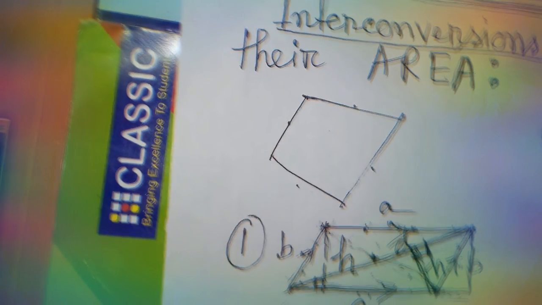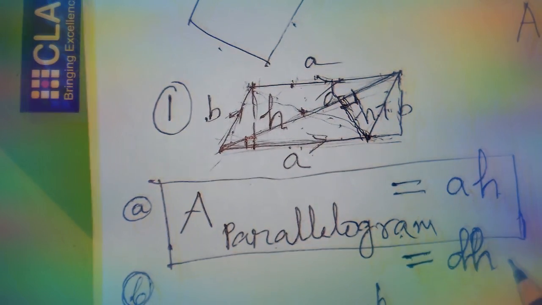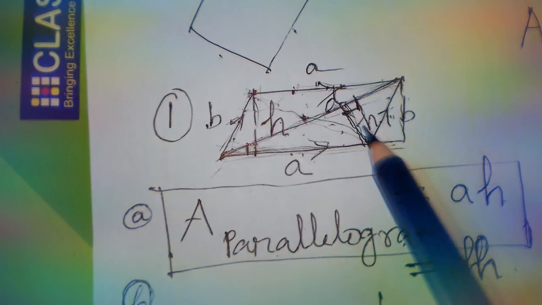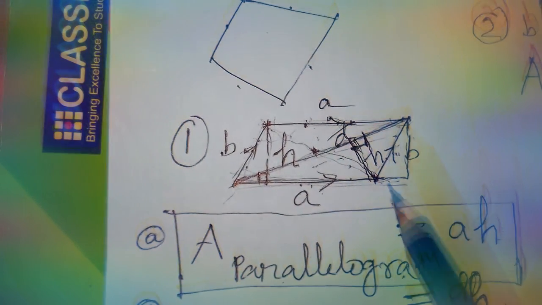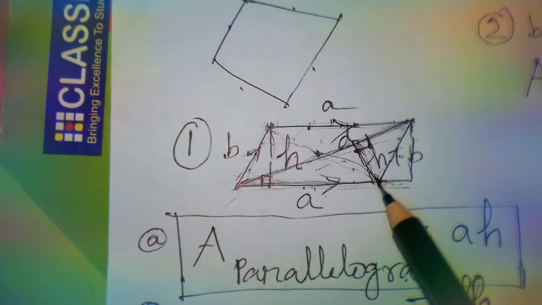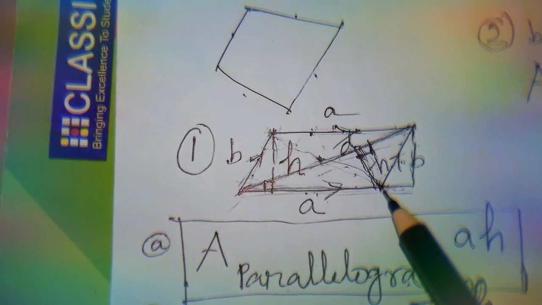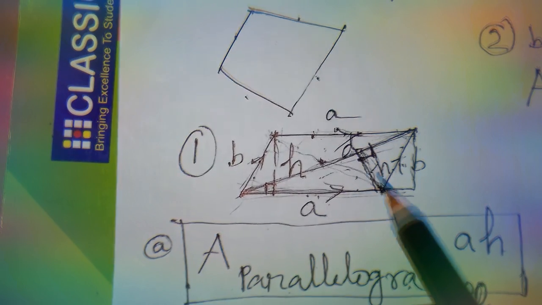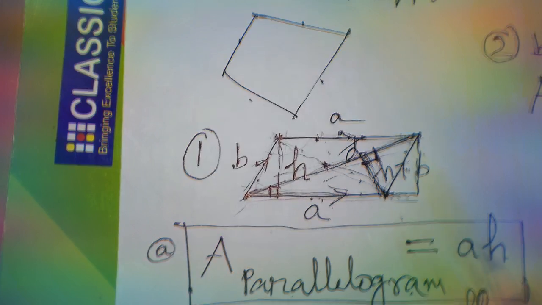So the area of a parallelogram can be D into H, I mean this is the diagonal and height is from the angular point, the perpendicular line on this diagonal.